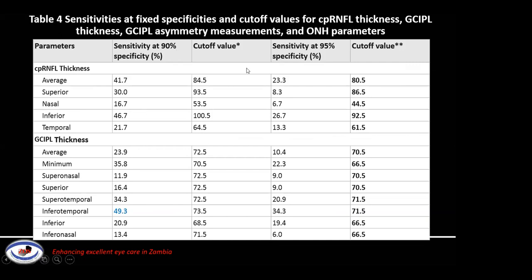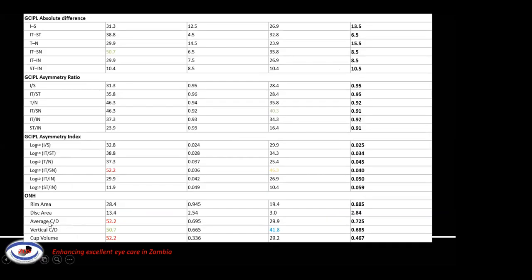So table 14 is showing us the sensitivity at fixed specificity for the parameters. At 90% specificity, we can see that the average CD and the vertical average CD, the cup volume, as well as the inferotemporal superonasal ganglion cell inner plexiform layer asymmetric index recorded the highest percentage of 52.2%, which was followed by vertical CD, as well as the inferotemporal and superonasal ganglion cell inner plexiform layer difference.